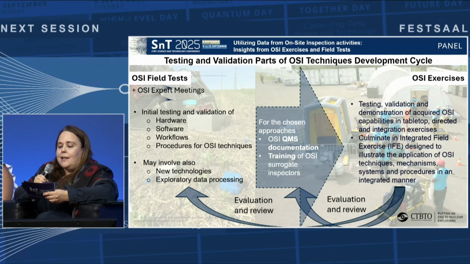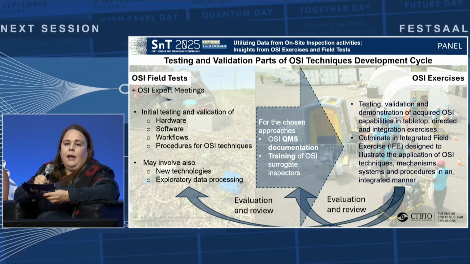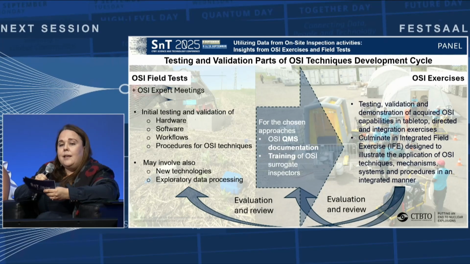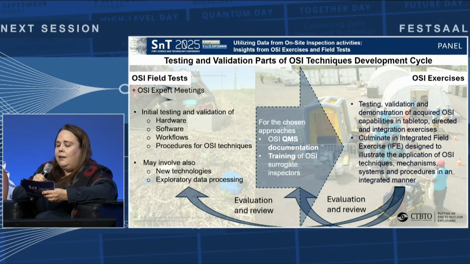So the OSI field tests are the starting point of the testing and validation part of the techniques development cycle. Field tests may involve initial testing and validation of hardware, software, workflows, procedures. They may also involve new technologies and exploratory data processing. In the next step, some approaches will be filtered and chosen to be pipelined as the official on-site inspection approaches.